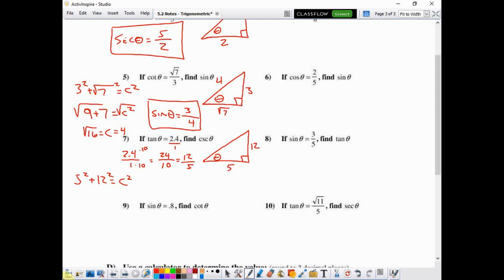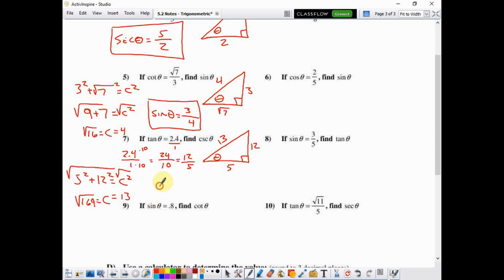I'm kind of short on room, so I'm going to take a little shortcut. 25 plus 144 is 169. And the square root of 169 is 13. So the hypotenuse is 13.